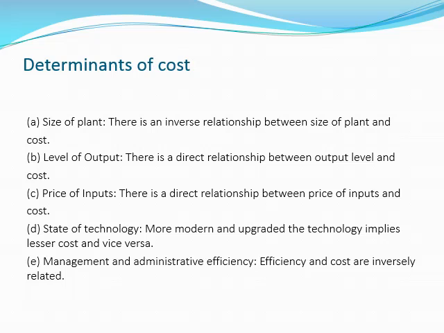First, the relation is inverse between the size and the cost. The relation between output and the cost is direct. The relation between price and cost is direct. The relation between the level of technology and cost is inverse. The efficiency of management and cost is inverse.